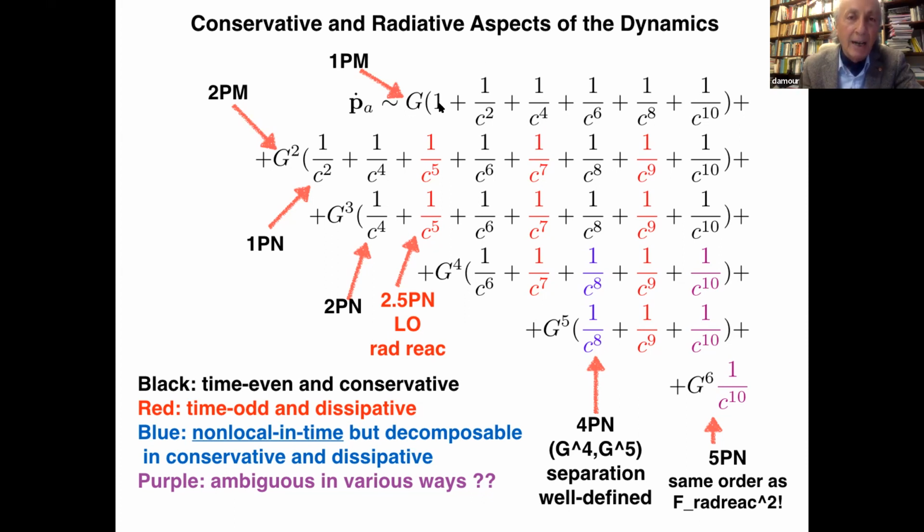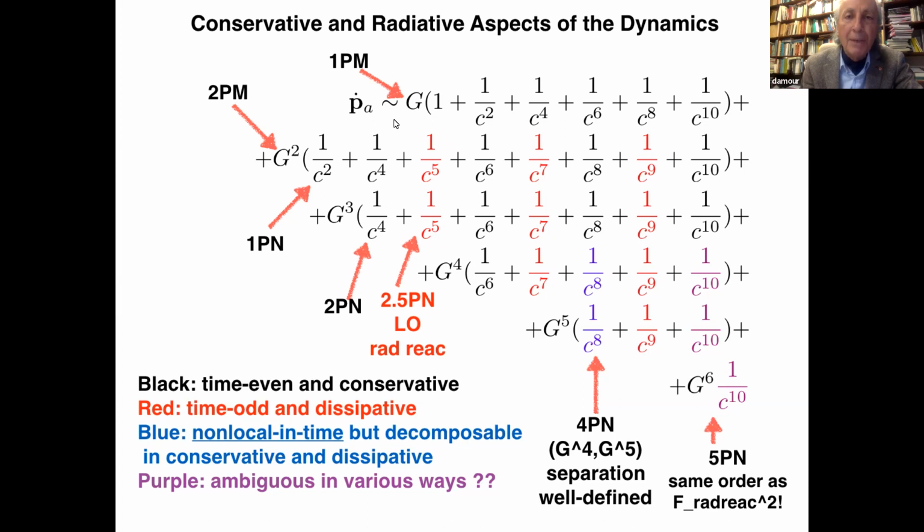Although the one here is Newtonian. Evidently, the Newtonian term would be this one here. Then at the 1PM level, you have an infinite sequence of v square over c square corrections. Here I have written the thing only up to the 5PN, 1 over c10.